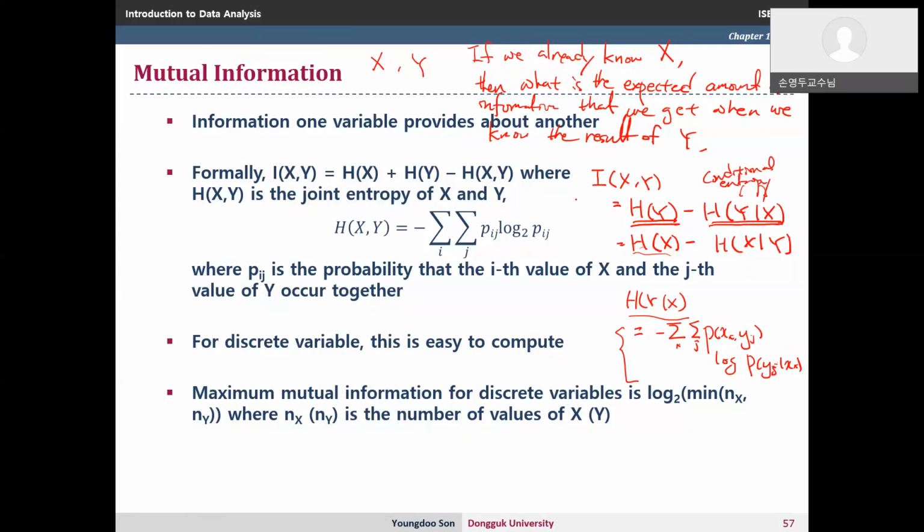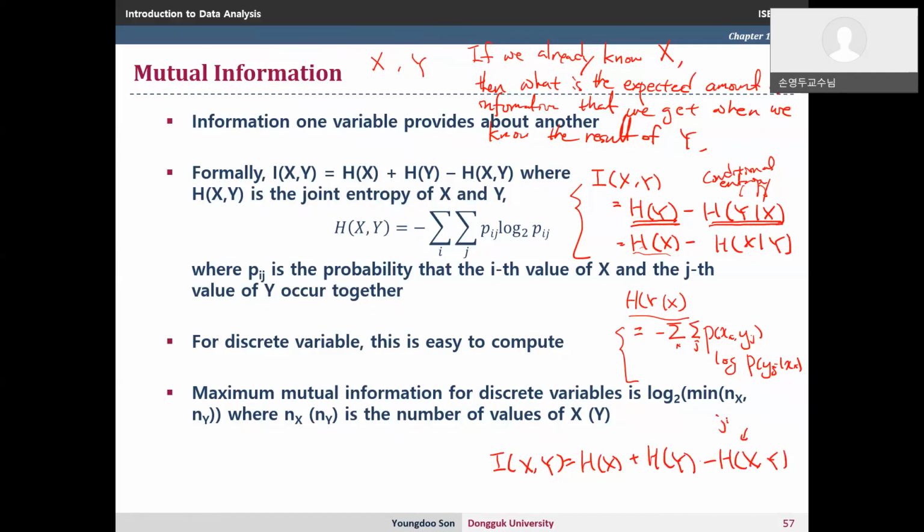So mutual information can be calculated in both ways, and another way to get the mutual information is I(x, y) equals H(x) plus H(y) minus H(x, y).